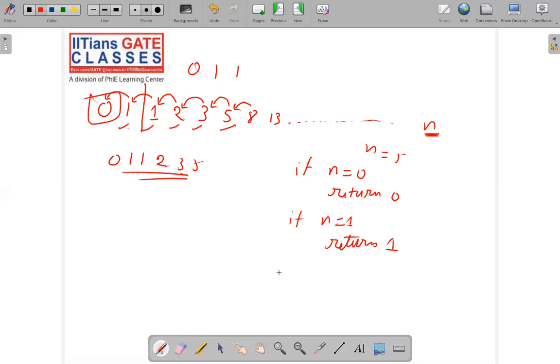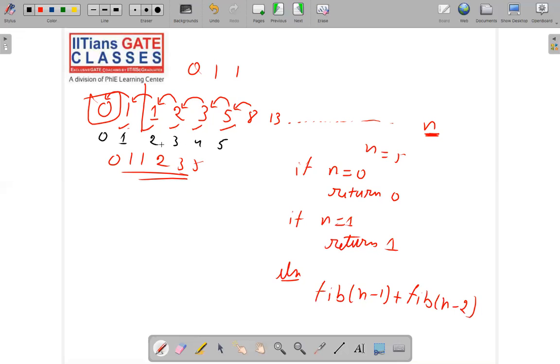Else, we will return Fibonacci of n minus 1 plus Fibonacci of n minus 2. You can give them indexes like this. This is 0 index, this is 1 index, this is 2, 3, 4, and 5.